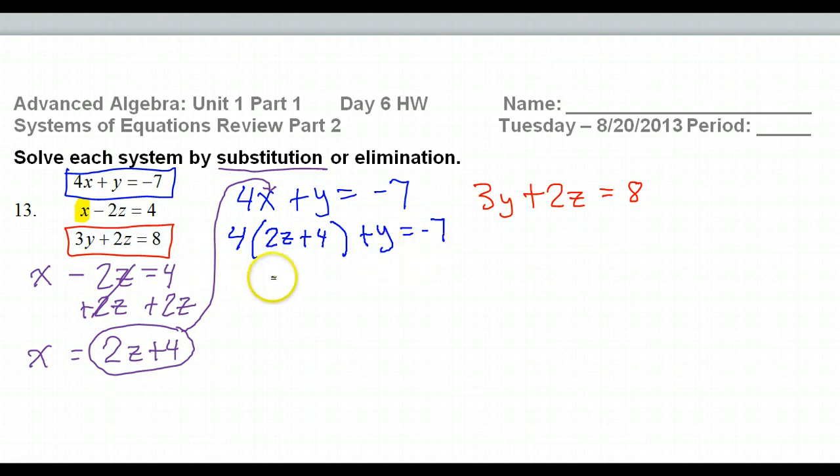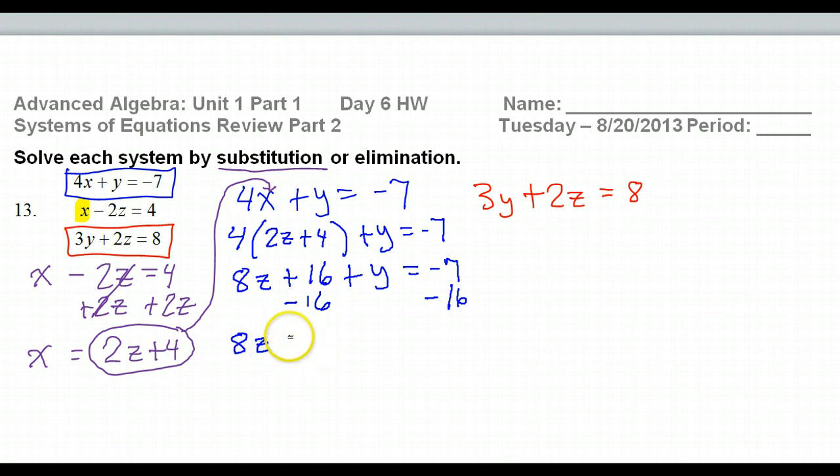So if I distribute, I'll have 8z plus 16 plus y is equal to negative 7. I'll just go ahead and write this in standard form. I could subtract 16 from both sides, for example. So that'll give me 8z plus y is equal to negative 23.